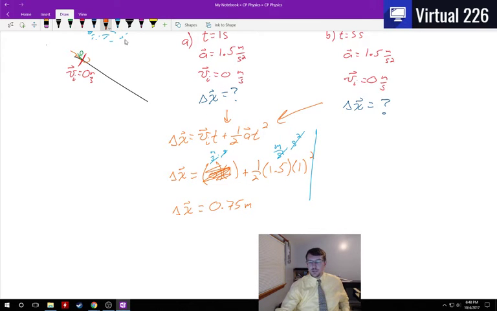For part B, we're doing the same thing. Delta x equals 0 again times time. I don't care. It's just going to go away. Plus 1/2 times 1.5 times 3 squared. 3 squared is 9. 1.5 times 9 is, let's see, 9 plus 4.5, 13.5.